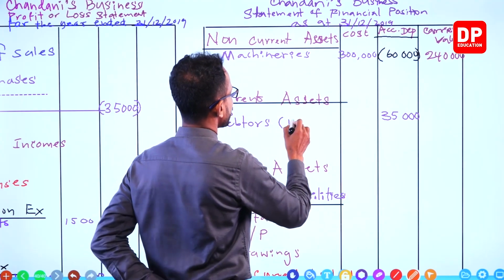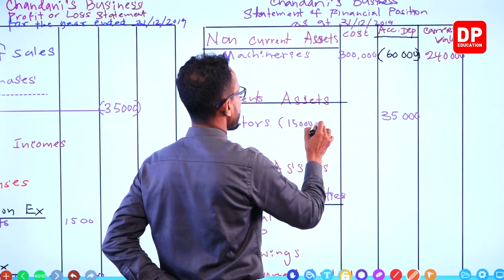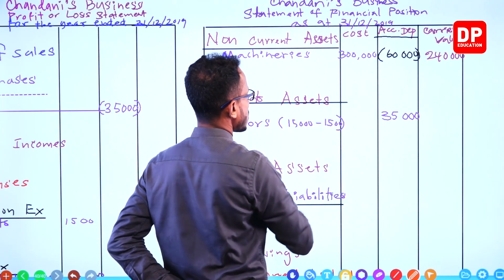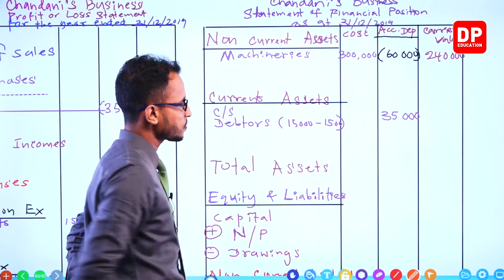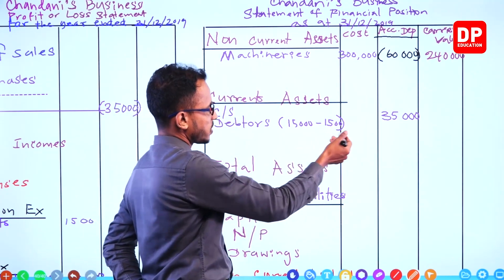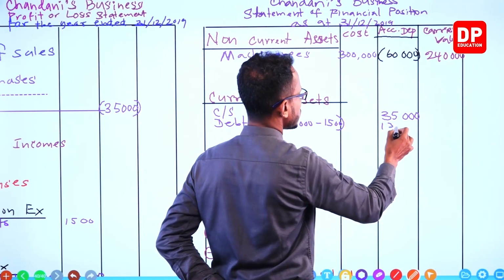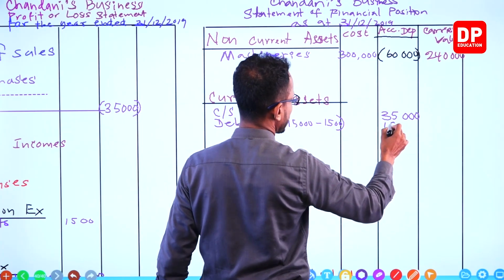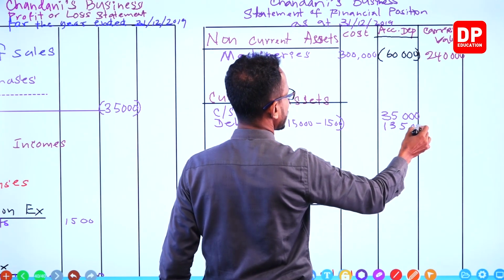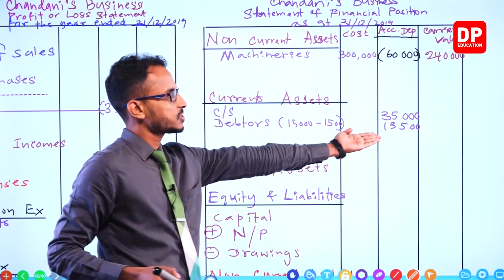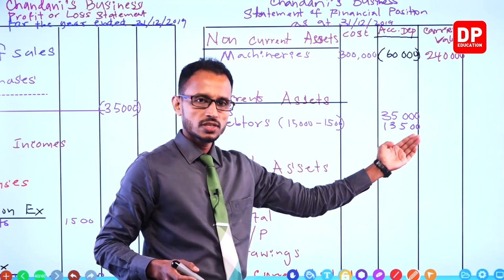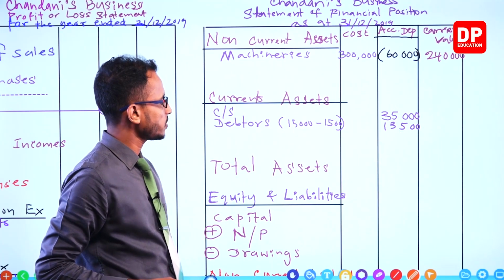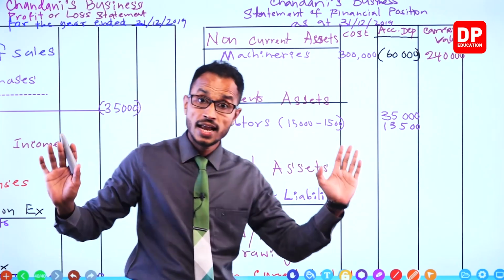From debtors, 15,000 minus 1,500, in front of debtors, 13,500 directly to the second column. After subtracting, put the answer to the second column. 15,000 minus 1,500, 13,500. Done.